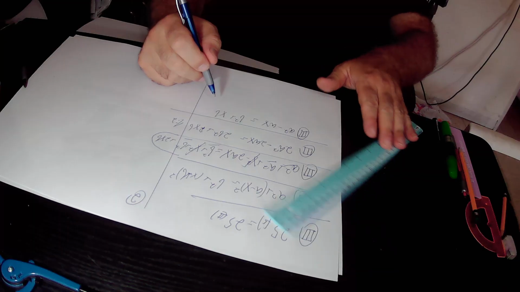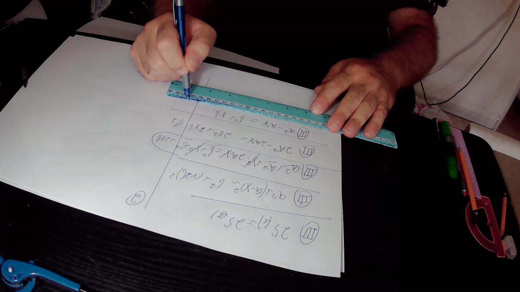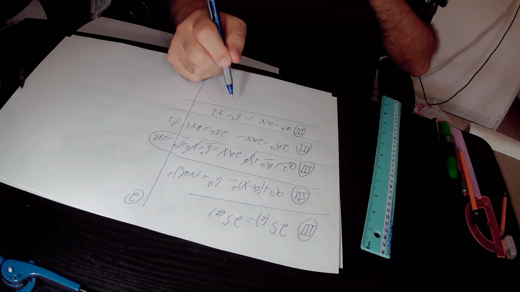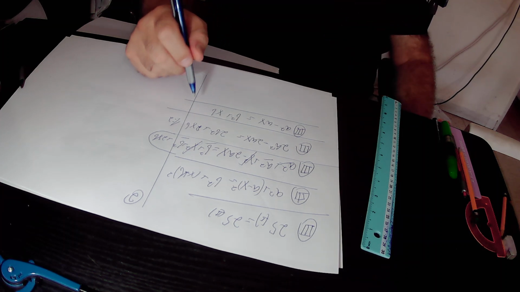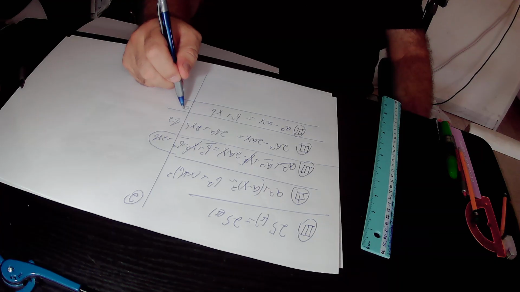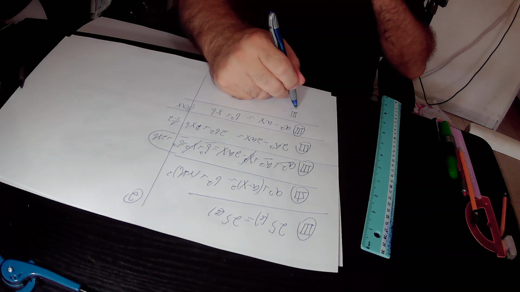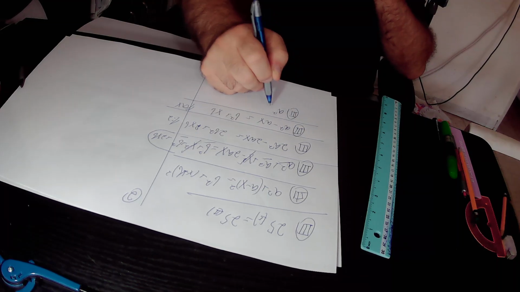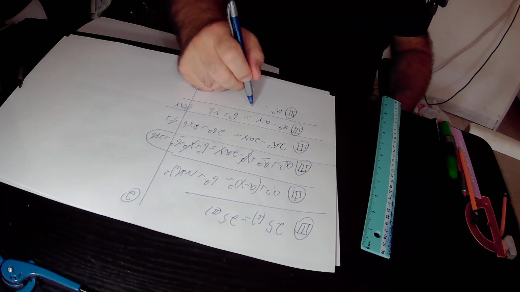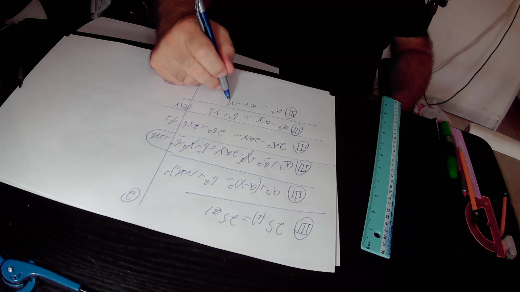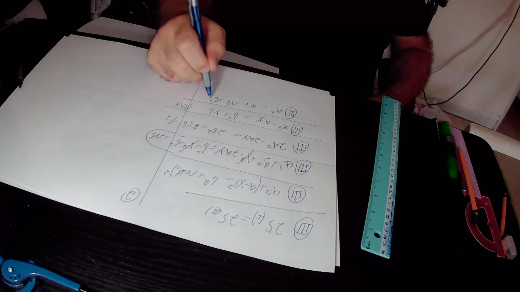So in total, according to equation 3, A squared minus AX equals B squared plus XB. Here we will add AX to equation 3, and we get that A squared equals AX plus XB plus B squared.